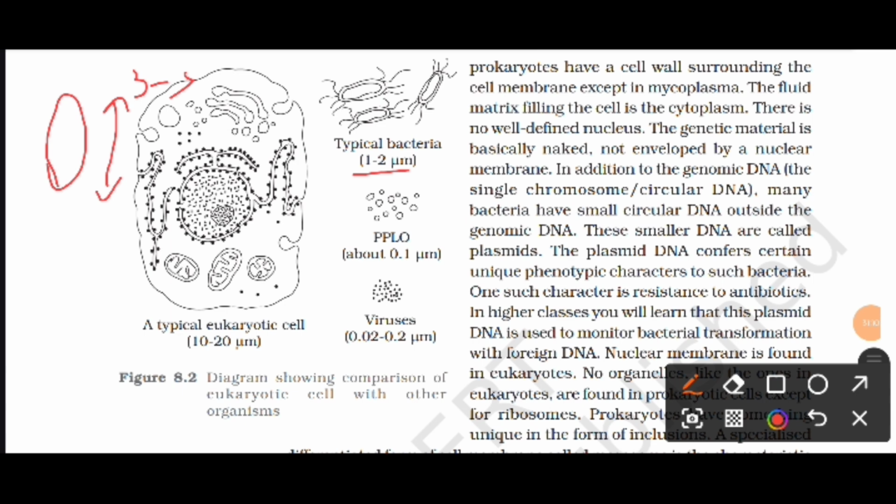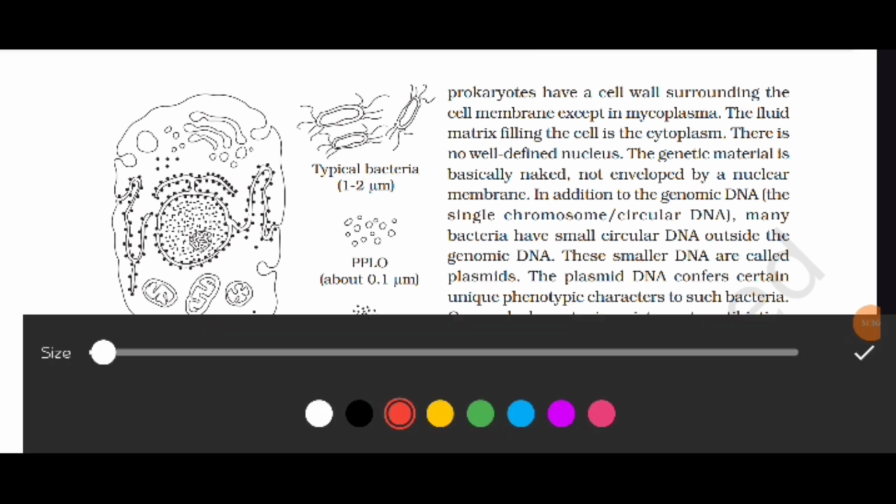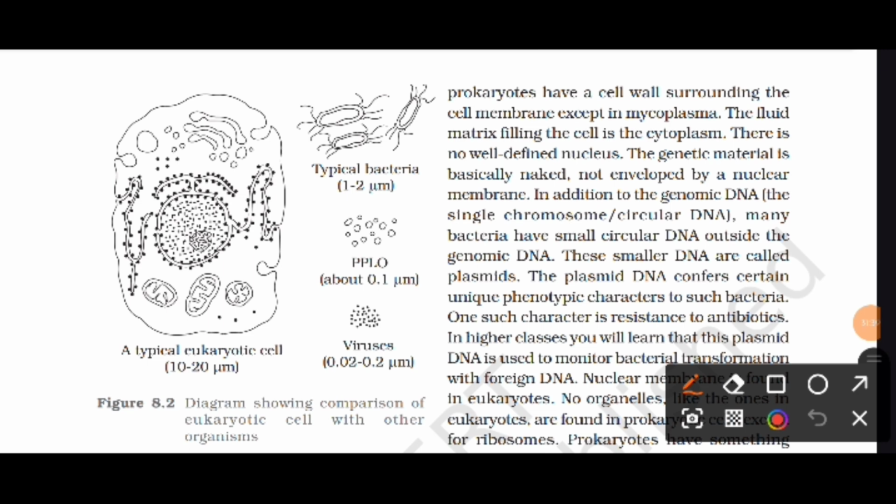I hope you get this. So the typical bacteria is 1 to 2 micrometer in size, that is the top portion, and in length it is 3 to 5 micrometer.